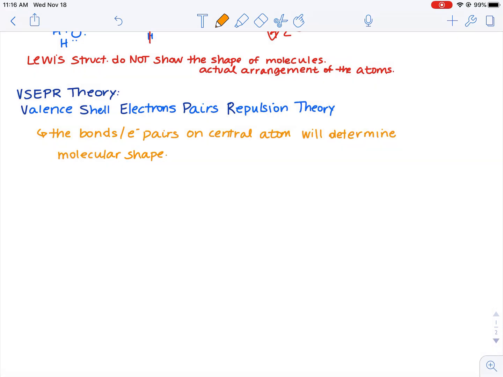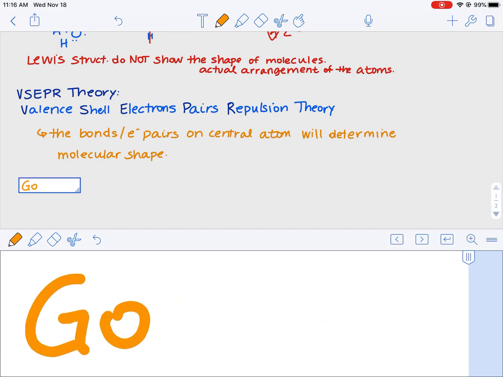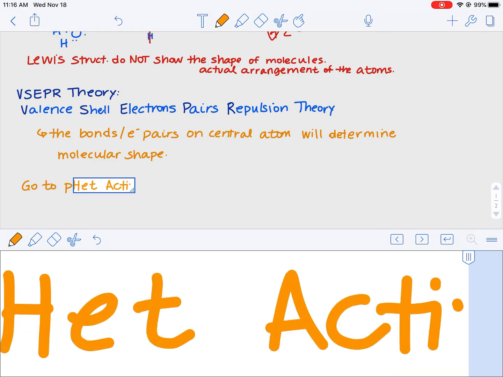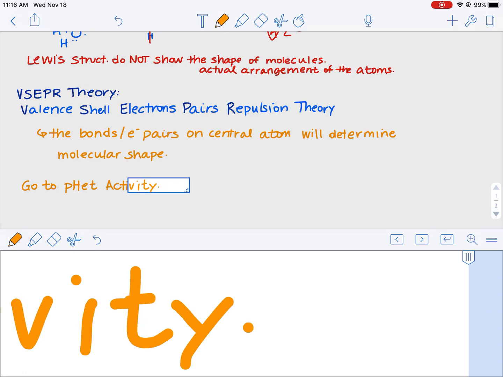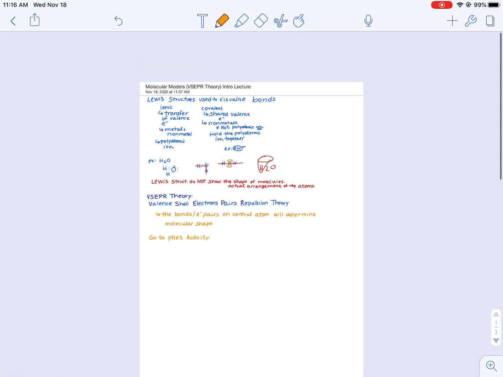And you are going to work on a simulation to help you see how, whether it's a bond on the central atom versus a lone pair of electrons on the central atom, are going to influence the shape of the molecule. So at this point, you need to go to the PhET activity, which is dropped into our Google Classroom. And you'll work through the activity to learn about the different shapes. And a concluding question at the end will be to kind of put it all together.